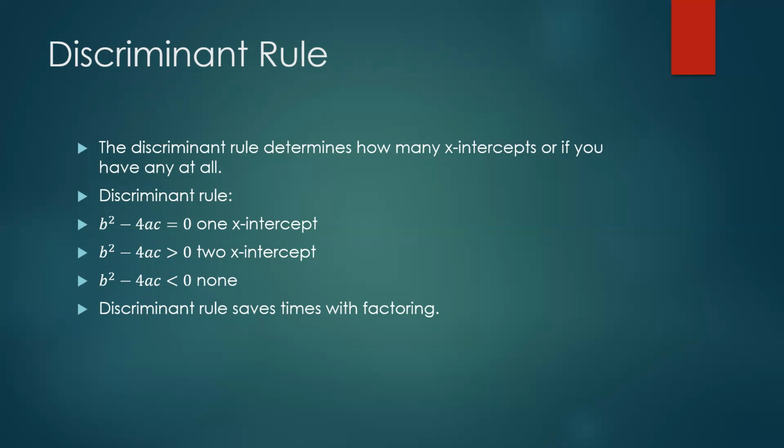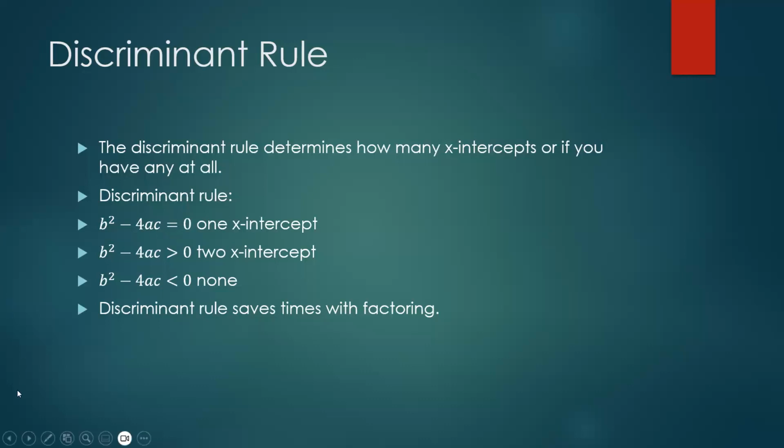If your outcome is a negative number, or less than 0, you have none. The discriminant really does save time with factoring, because you don't want to waste your time figuring out, oh no, your zeros are imaginary, right?